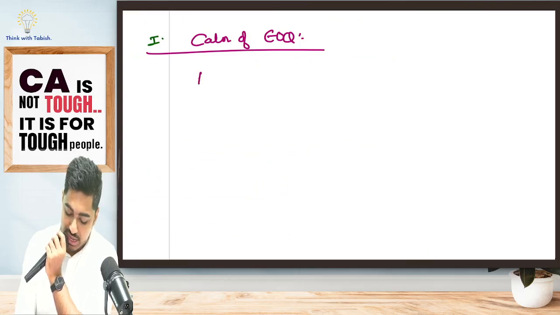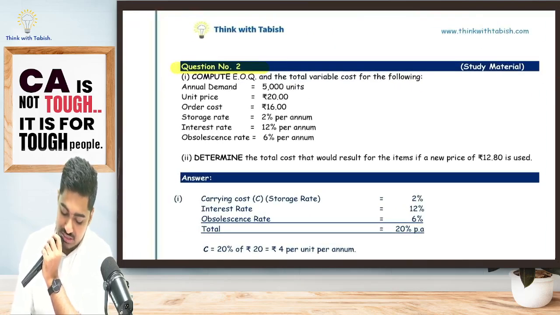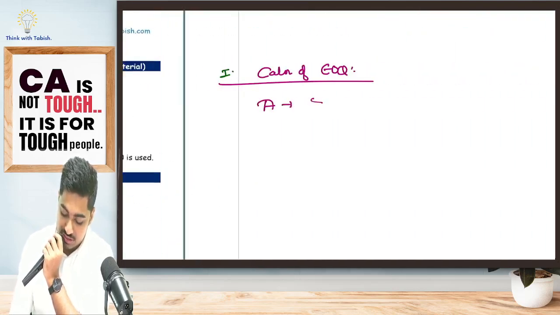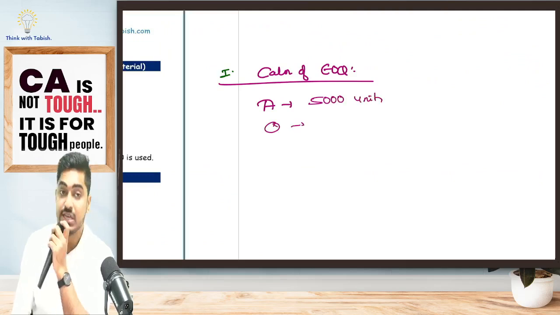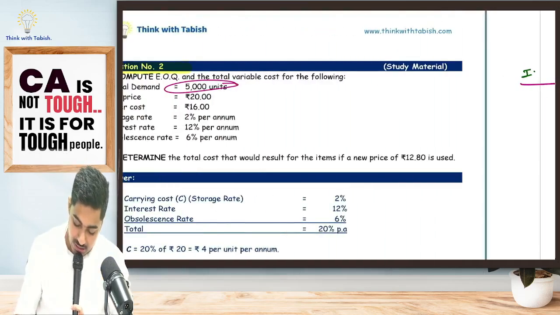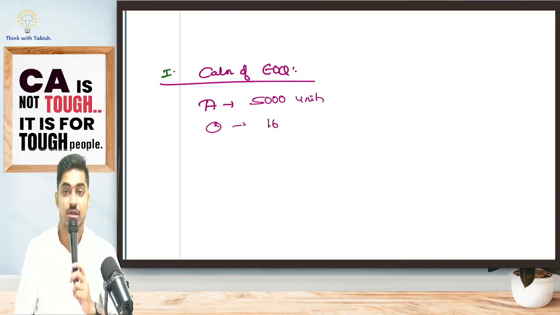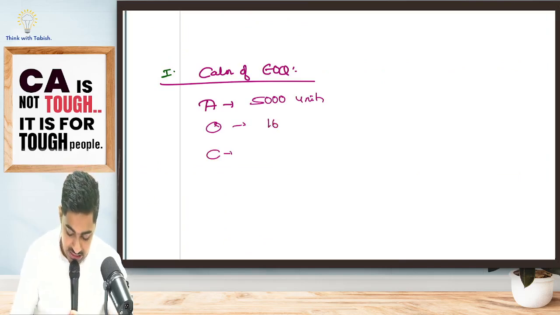Firstly, I want annual demand of raw material. How much is my annual demand? What is my annual demand, students? 5,000 units. O is my ordering cost per order. 16 rupees. C. What is my C? Carrying cost.